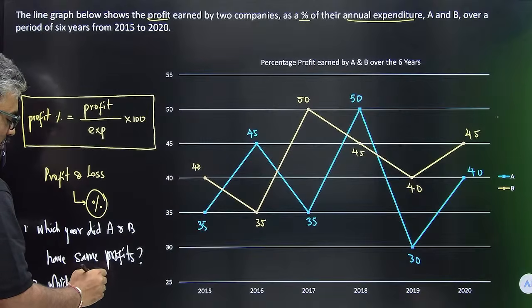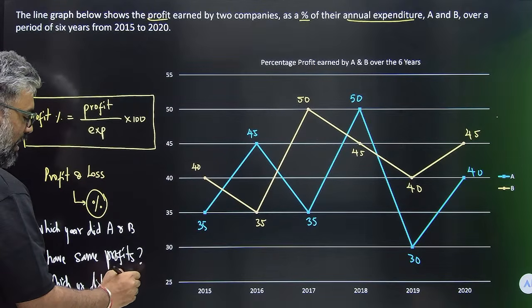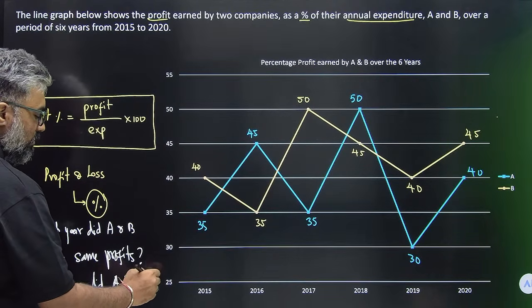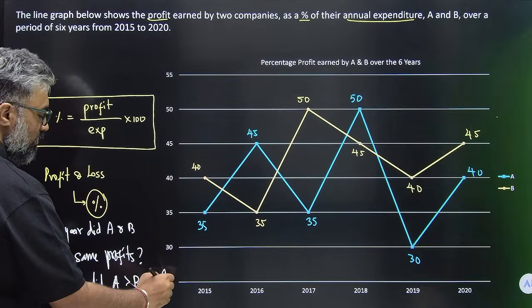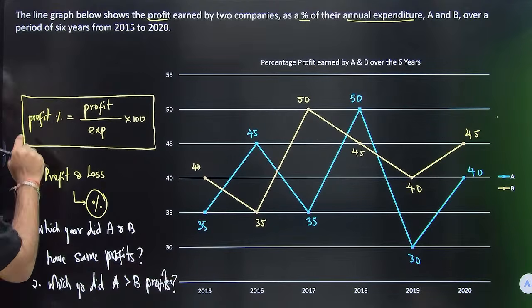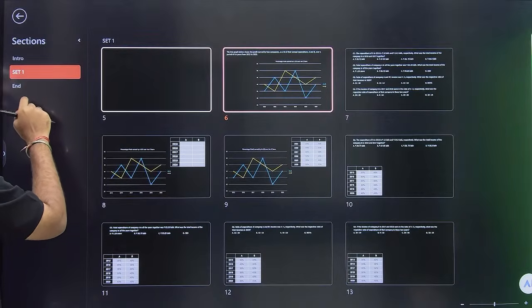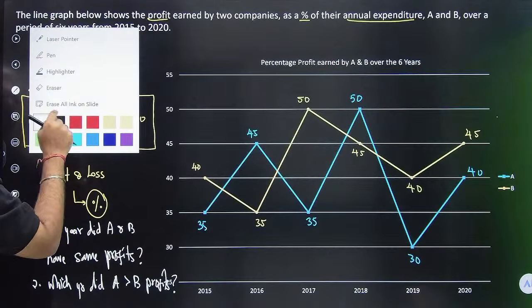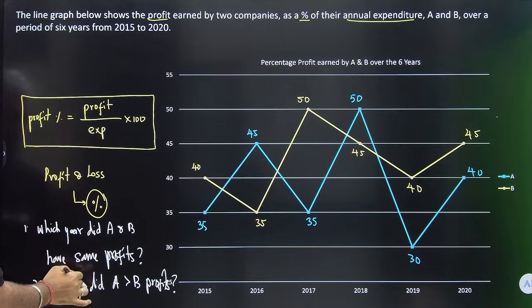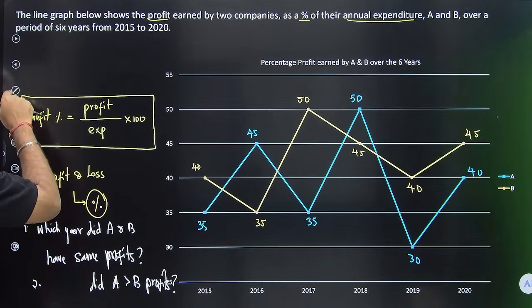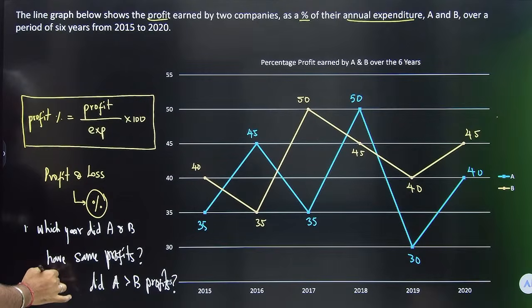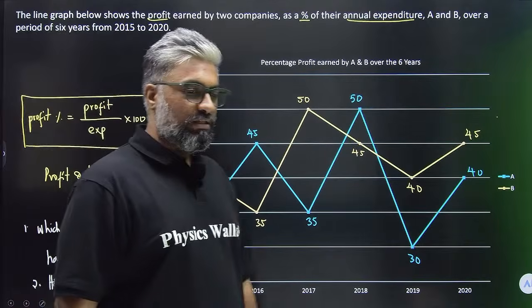Which year did A have more profits than B? Or let's say how many years? Let's do that in fact. How many years? Not which year. How many years? Can you answer that? How many years did A have more profits than B?